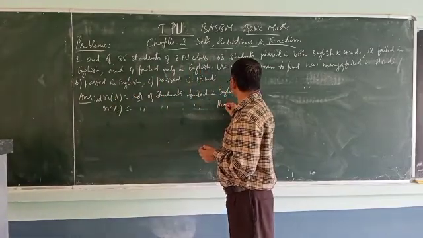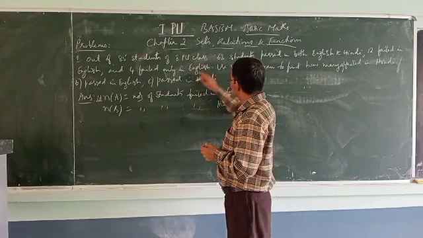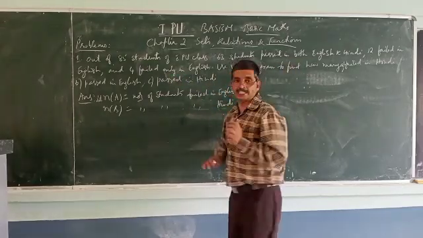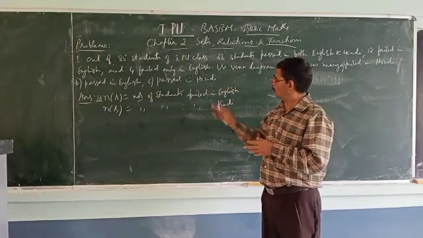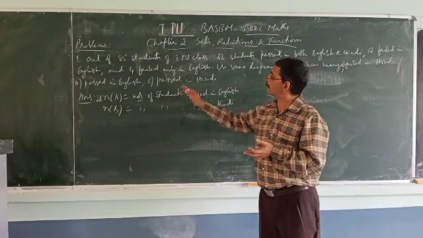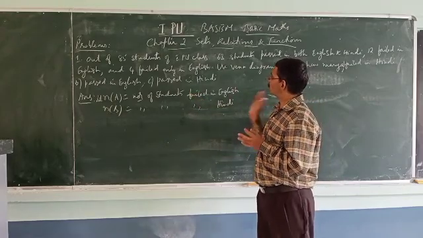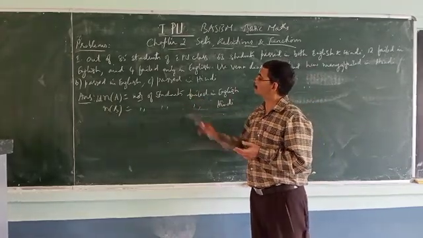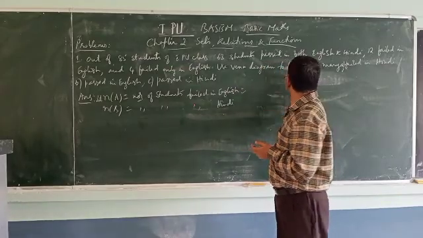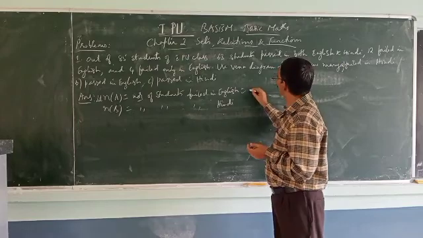So this is how we proceed in a different way, because what information is given? 12 failed in English, only 4 failed in English. So N of A, the number of students failed in English, is known: 12.